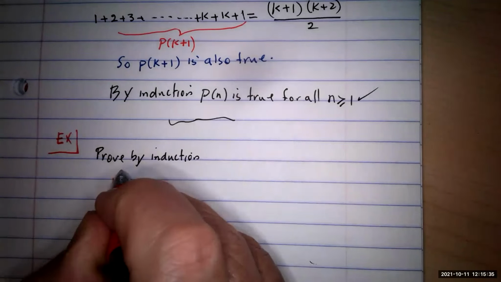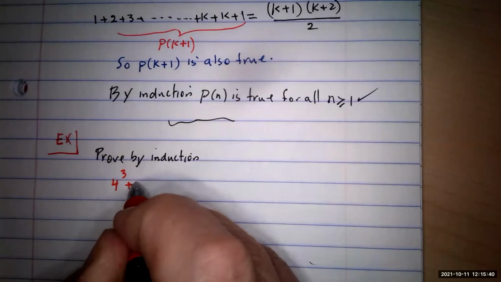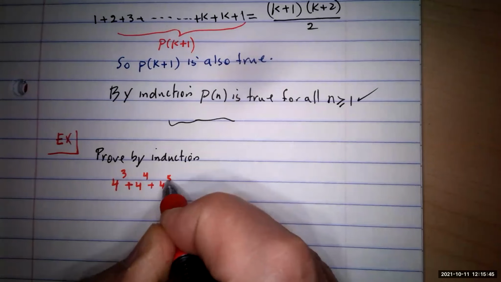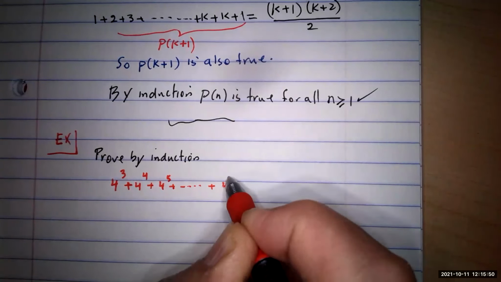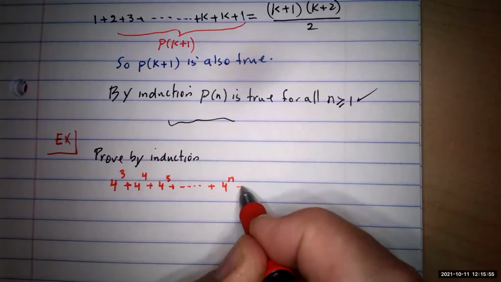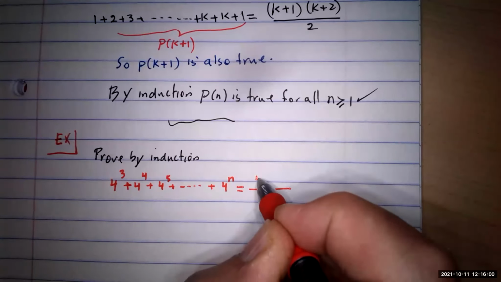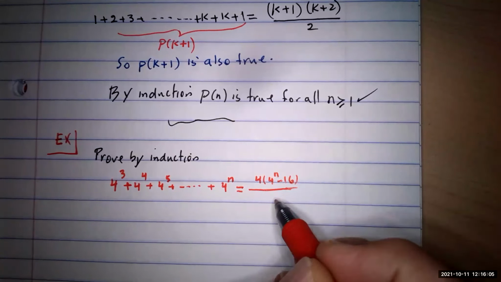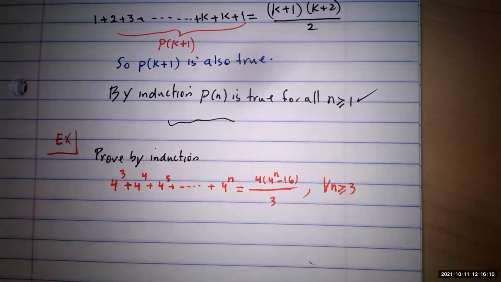In that assignment, it's just that the base is different. 4 cubed, 4 to the 4th, 4 to the 5th, and we continue up to 4 to the n. Something we call a geometric sum. And they claim that this is going to be equal to 4 times 4 to the n minus 16, over 3. We want to prove this is always true for n greater than or equal to 3. Very famous identity.